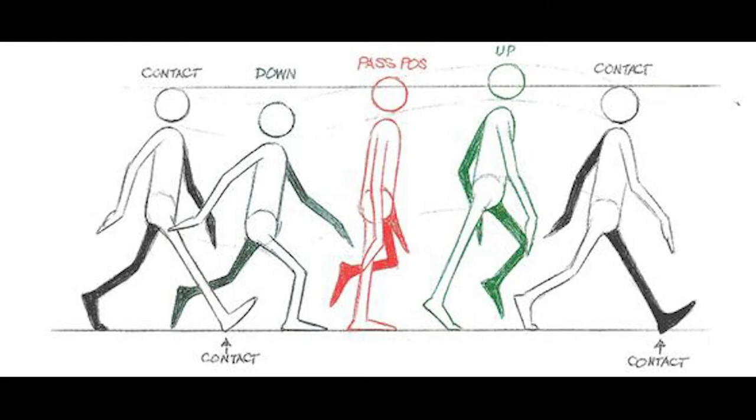You can see in this reference that the contact has both legs switched in the very first image and the last image. So that's the method and the photo reference we're gonna use for this online class.